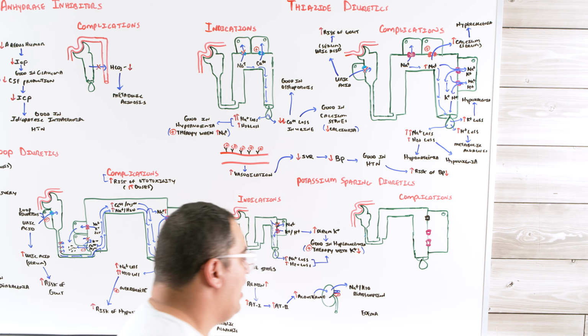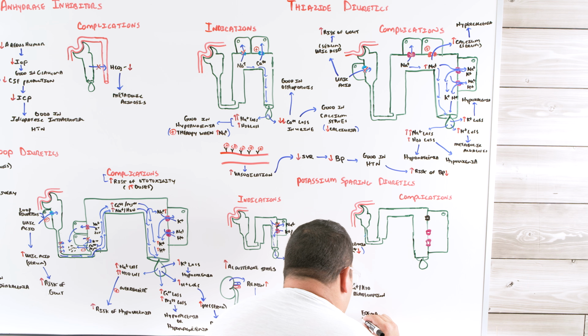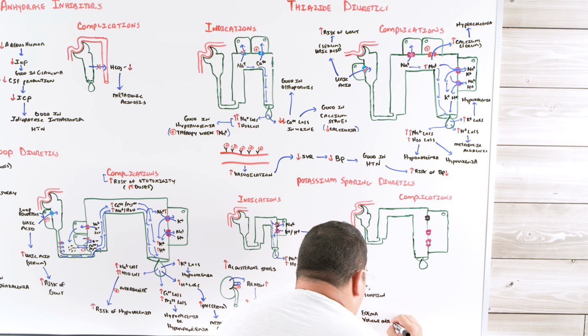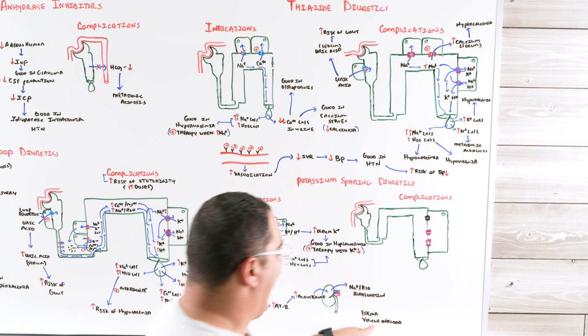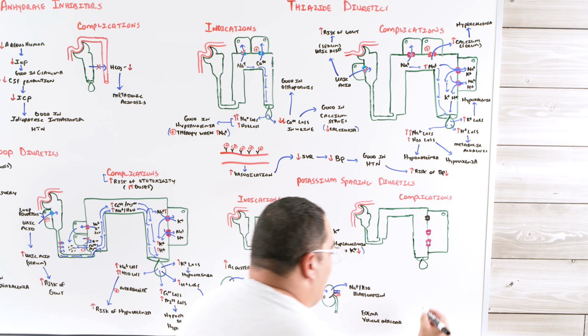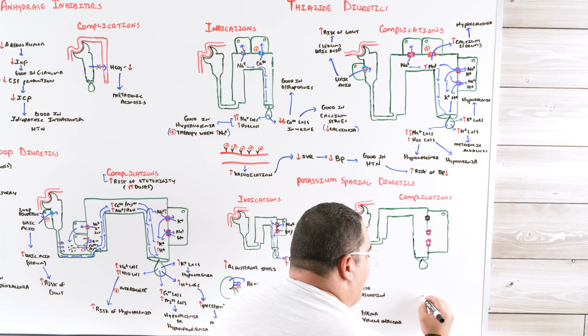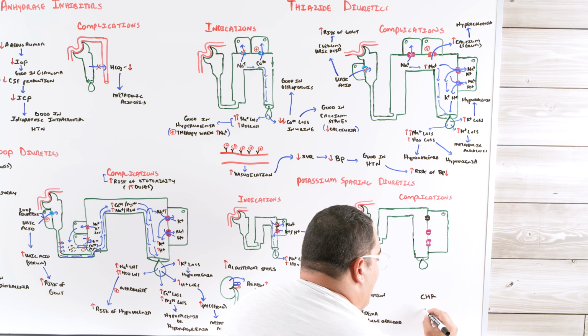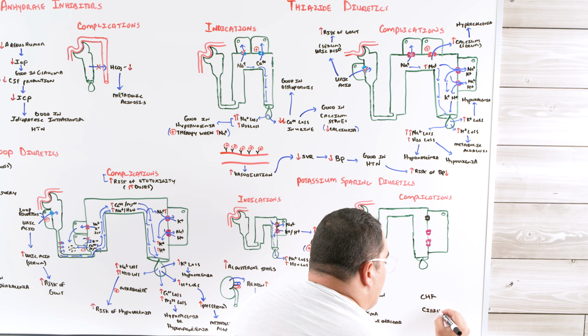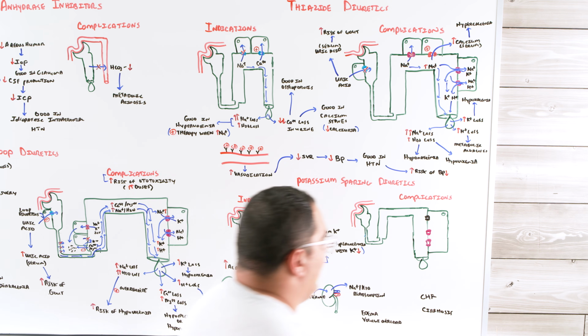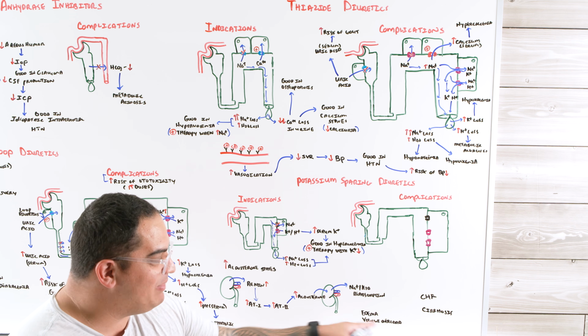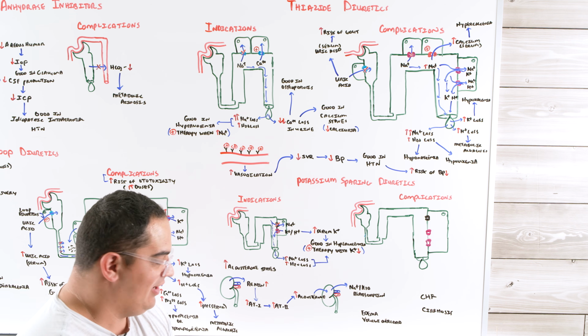So edema and volume overload. This is terrible in a patient who has things like CHF and who has cirrhosis, right?